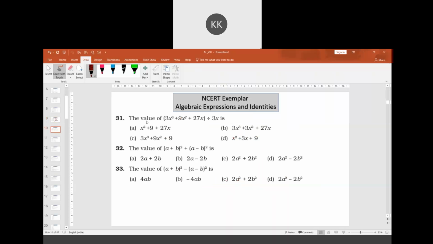31st question. The value of an expression divided by a monomial. We know that each term has to be divided. When you divide the first term, x square remains. So there is no chance that 3x cube will be there, so not Option B. In options A and D, we have to search.